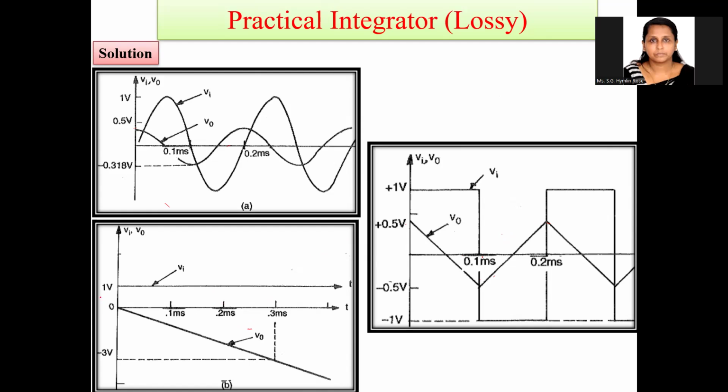Since we are giving 1 volt here, we will be getting minus 3 volts up to 0.3 milliseconds. So this is the way you will be getting the output for an integrator. Hope it will be understood. Thank you.